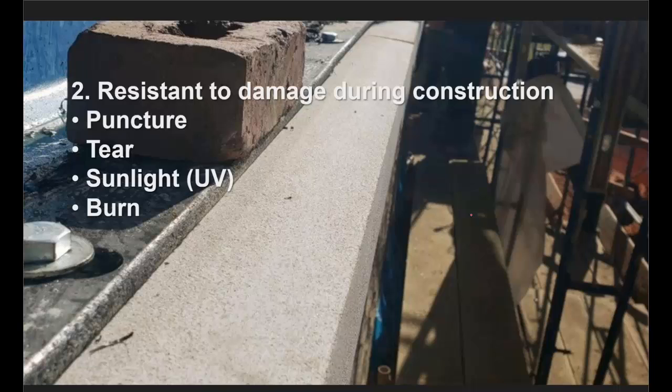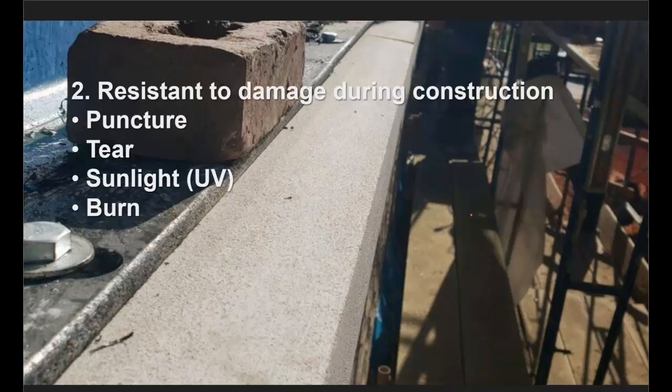Number two, resistant to damage during construction. This is all about making sure your flashing survives installation. Remember, this is a moisture shedding device, so if your flashing has a hole in it, it is a failed system. So what does this mean?